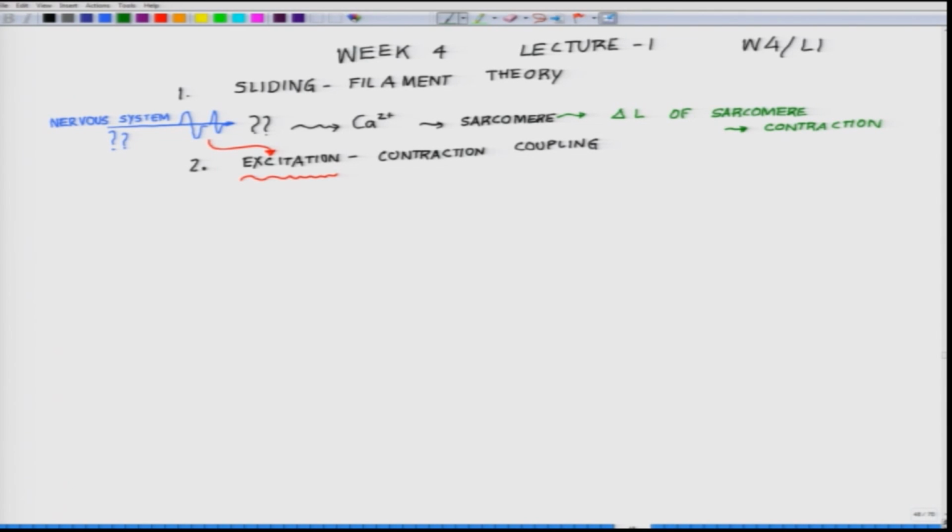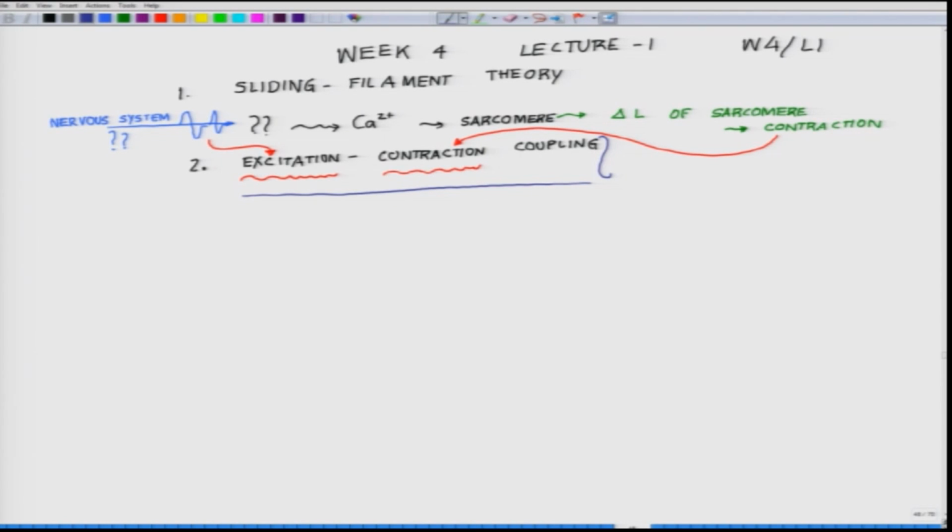So, now add the point 2, it is this contraction which is coming here, and there is a way to couple these two together which is happening here. So, that is why it is called excitation contraction coupling.